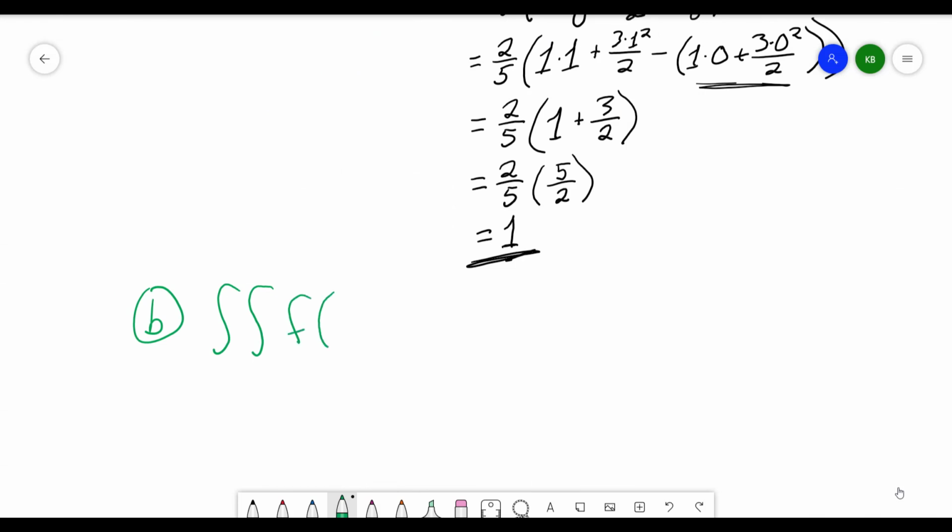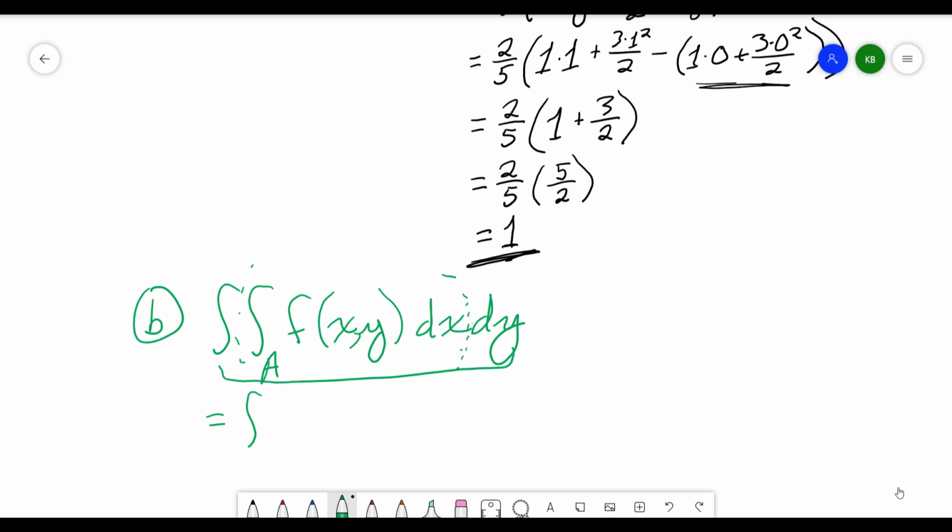I'll have my f of xy inside, and I'm integrating over A with respect to x and with respect to y. Now, again, remember, there are parentheses that aren't written there. So my outer integral gets paired up with y, and my inner one gets paired up with x. So I'm going to put my bounds of integration in that way.